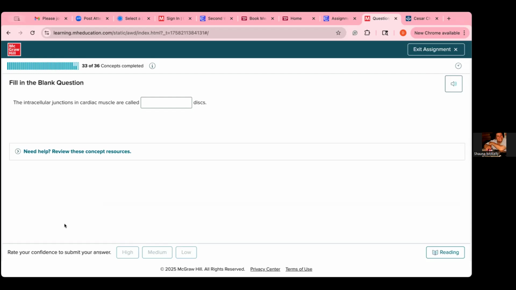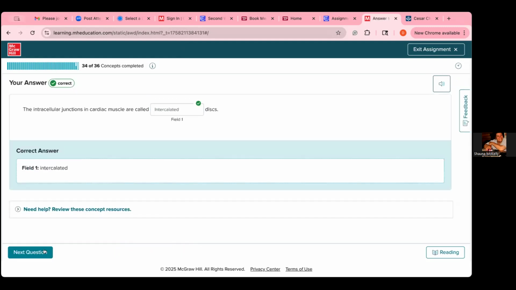I always leave out letters when I spell this word. Intercalated discs. It's in the chat.